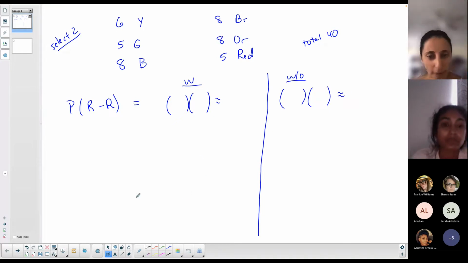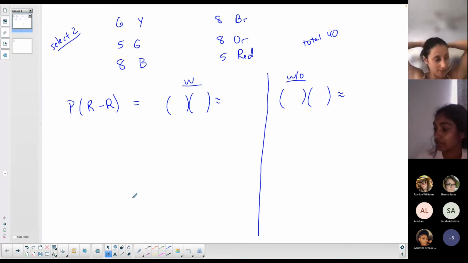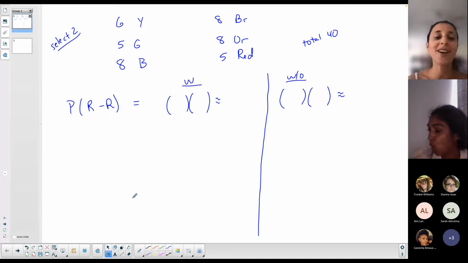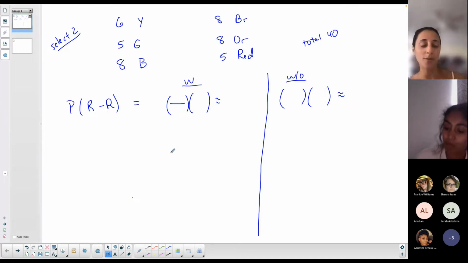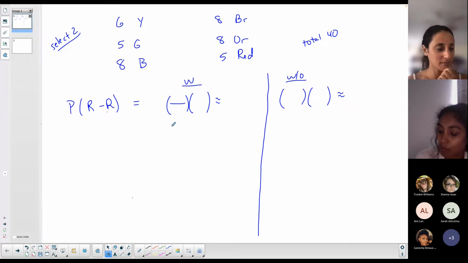So what is the probability? I go to this bag of M&Ms, and I want to eat a red and then a red. Although I can't eat that because I'm replacing it. So I'm not eating it. I don't like red. So what's the probability I select a red, go ew, put it back, and then select another red. On my first selection, if I have a total of 40 M&Ms and I have 5 red, what's the probability the first is red? 5 over 40.